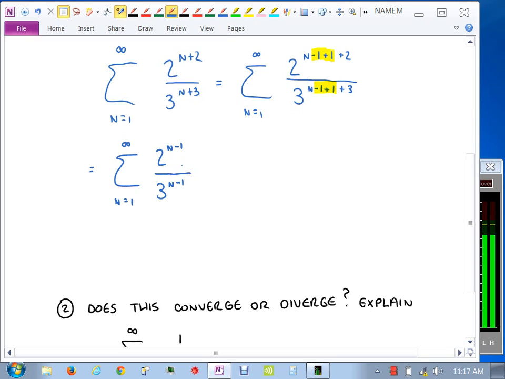Now what did I still have up top though? The 1 plus the 2 is going to be 3, right? So 2 cubed, so 8. And on the bottom, the 1 and the 3 come together to be a 4. So I'll have times 3 to the 4th.